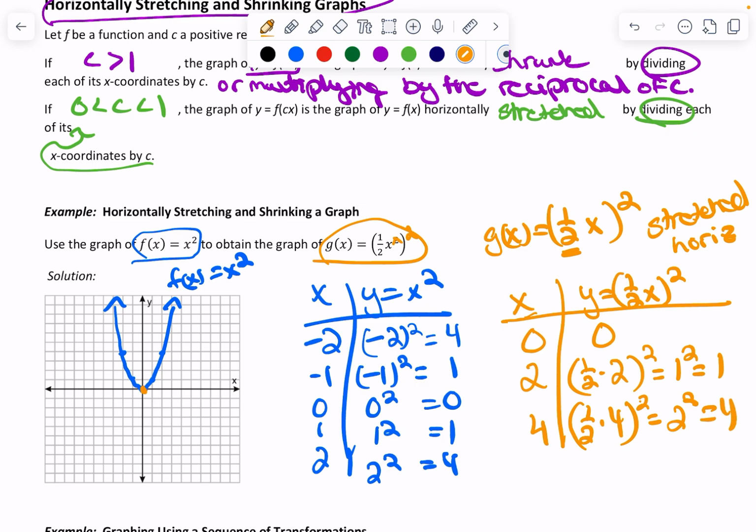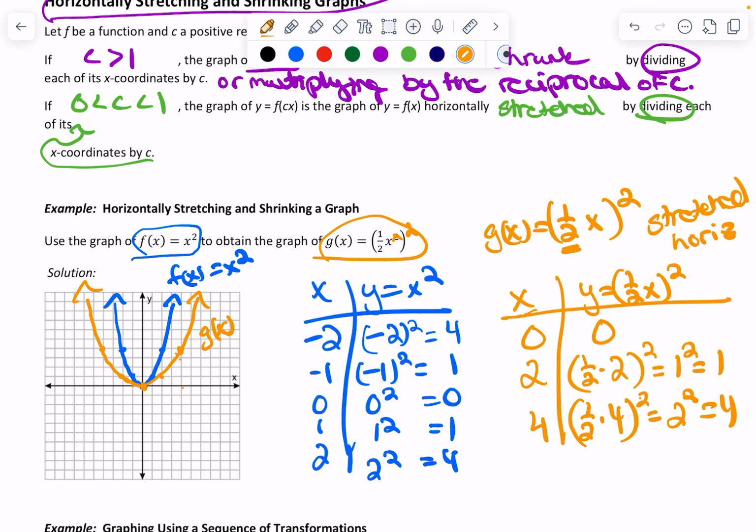So 0, 0, 2, 1, 4, 2, and we can plot the points on the negative side as well. So as you can tell, it is vertically stretched. So this is the g of x, half x squared.